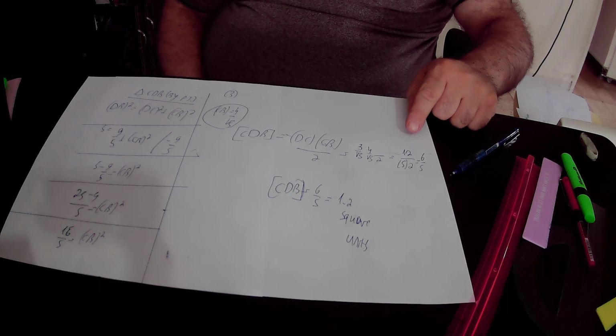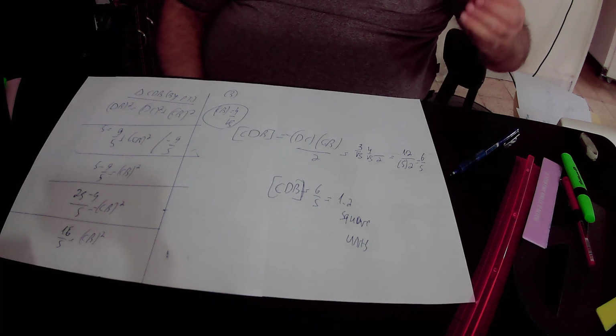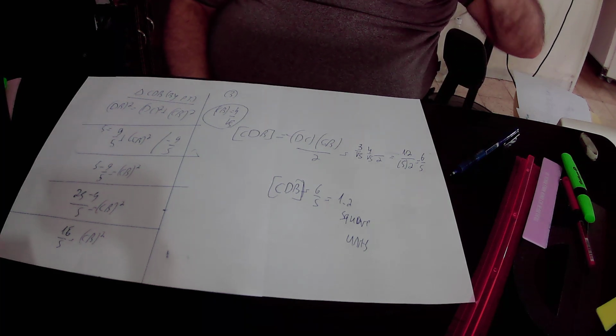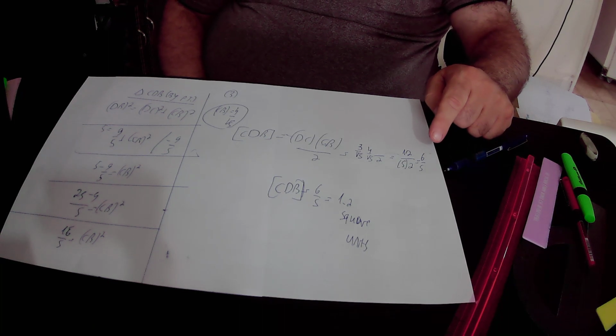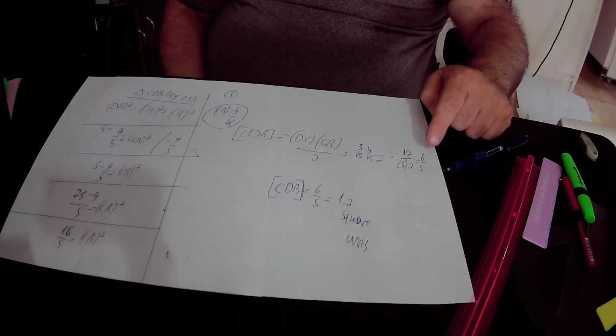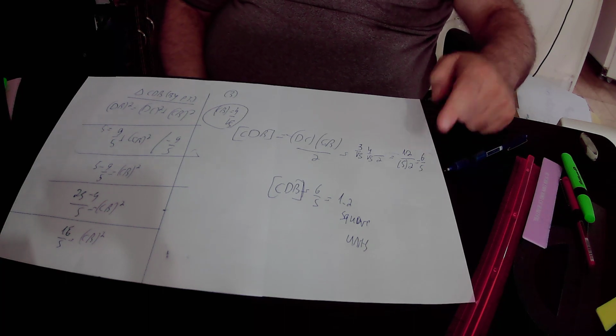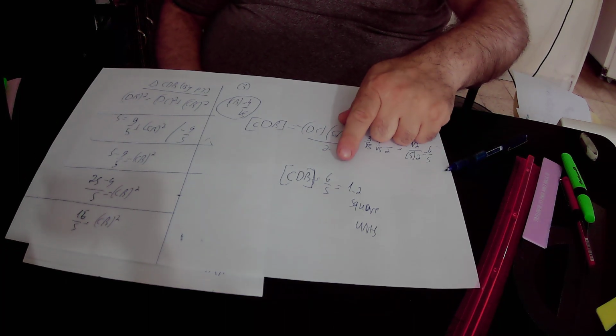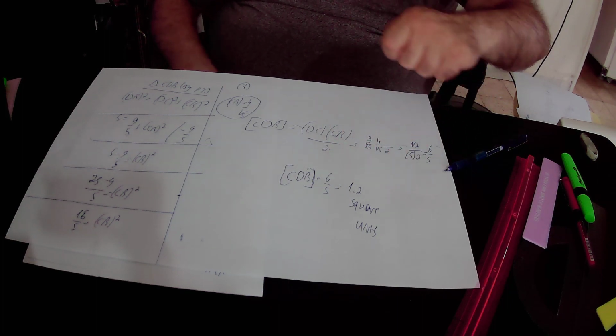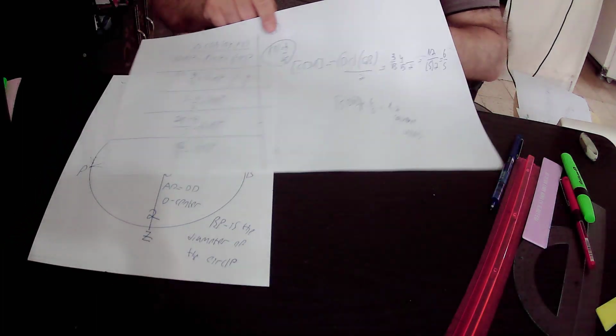We have 12 in the numerator, and square root of 5 times square root of 5 is 5. 12 over 2 is 6. So in the numerator we have 6, and in the denominator what is left is only 5. So the area of the blue triangle equals 6 over 5 square units, so in terms of numbers it is 1.2 square units.